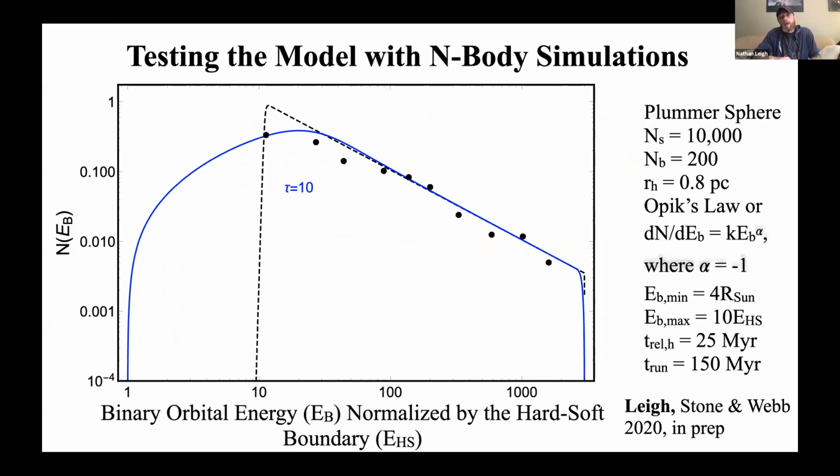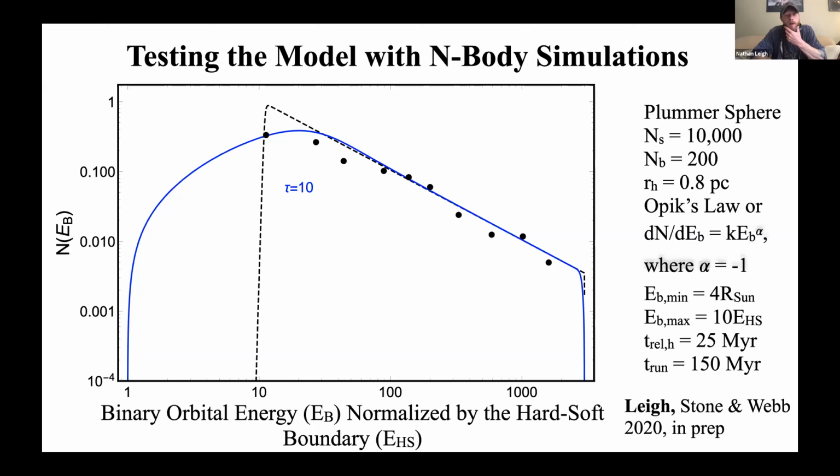And very briefly, I'll just show a comparison between our analytic model and the results of n-body simulations, including binaries. Our analytic model is shown via the solid blue line, and the results of our n-body simulations are shown by the black dots here.